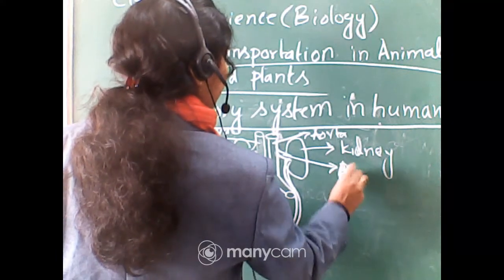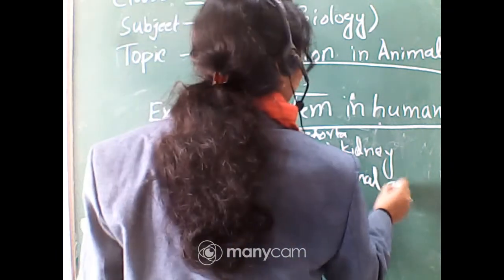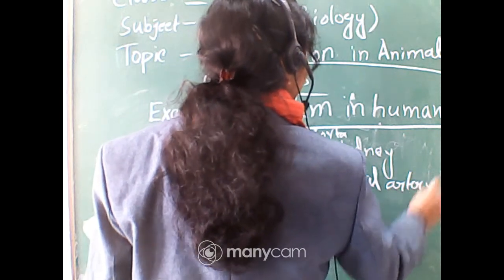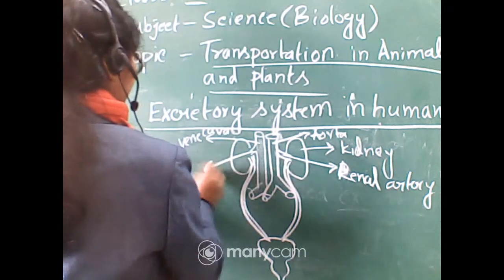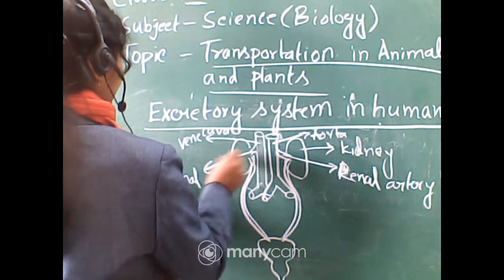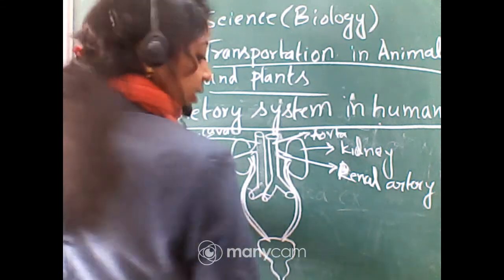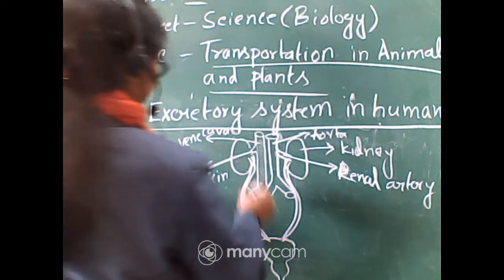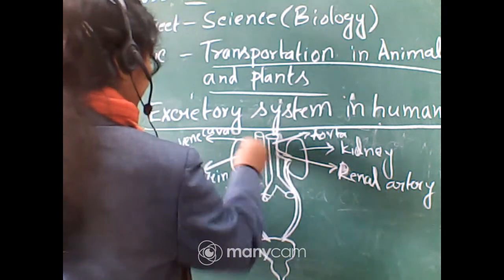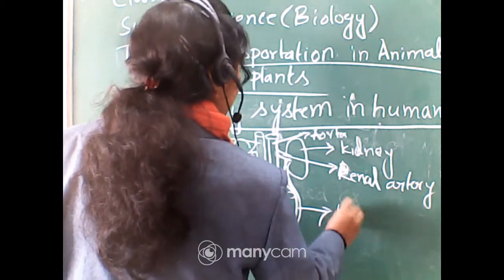Renal artery means the artery that connects to the kidney. And this one is the renal vein, the vein connected to the kidney. And here are the tube-like structures from the kidney to the urinary bladder. These are called ureters.